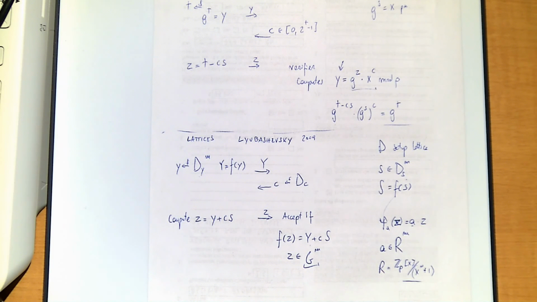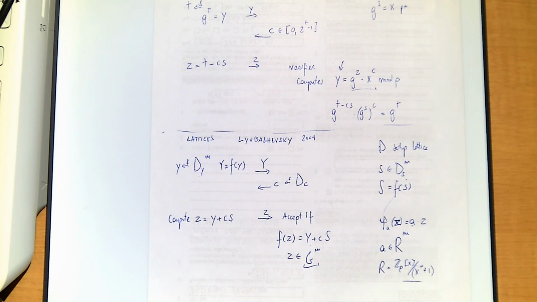Lyubashevsky has also some interesting improvements. For example, rather than trying to control exactly the weight of z, because you draw these things at random, you can relax the parameters a bit, so that instead of being guaranteed that it is in that G, it may be that with small probability it goes over, that one or two of the components go over.